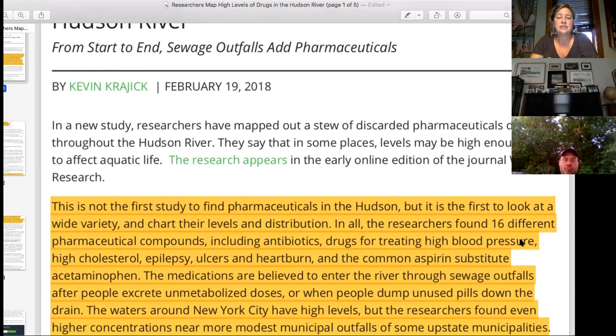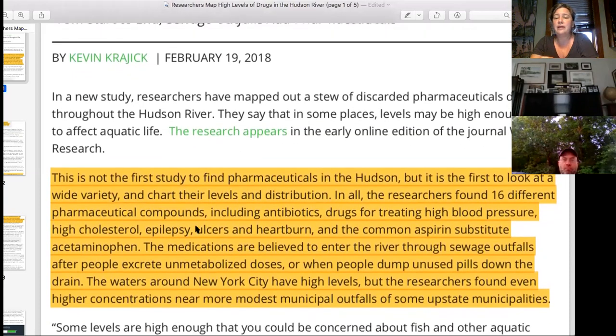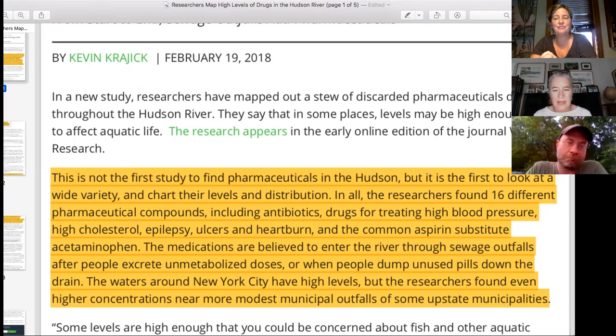And 16 different pharmaceutical compounds, including antibiotics, drugs for treating high blood pressure, high cholesterol, epilepsy, ulcers, heartburn, common aspirin substitutes, such as acetaminophen. So the medications are believed to enter the river through sewage outfalls.